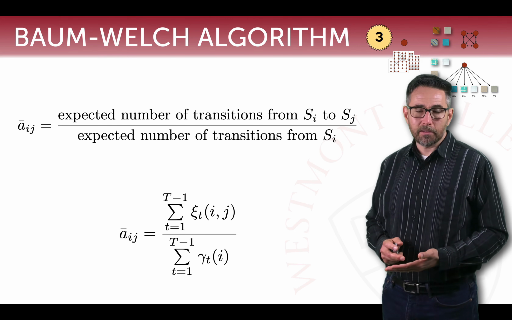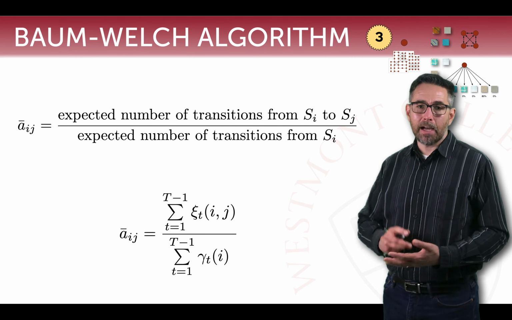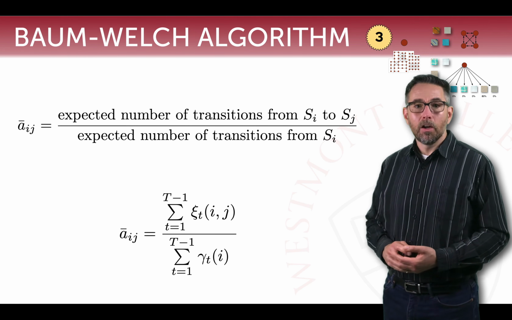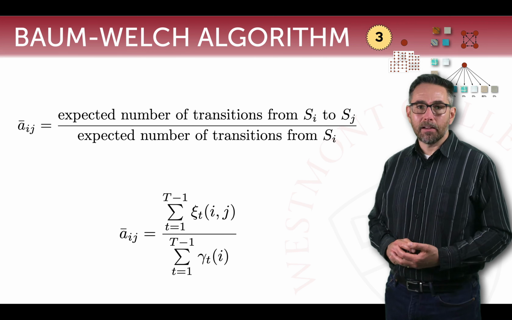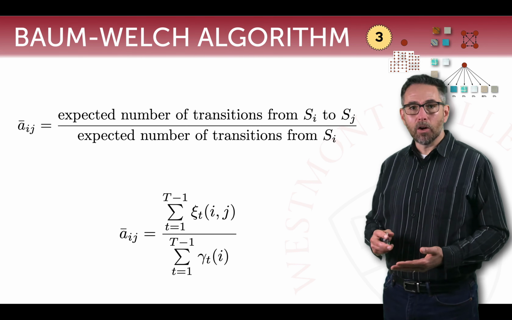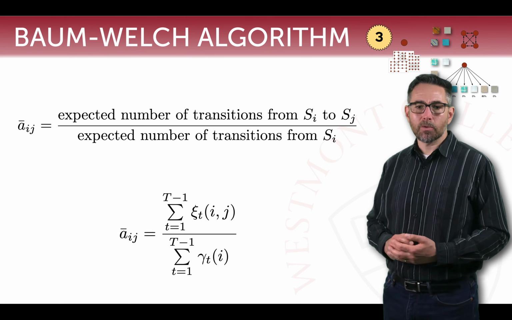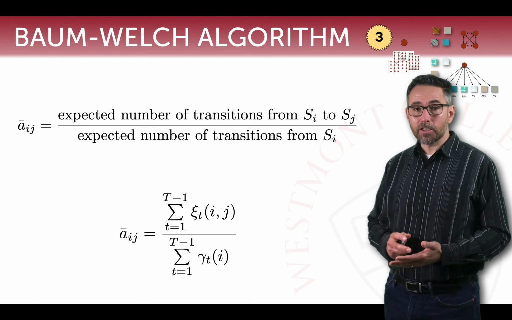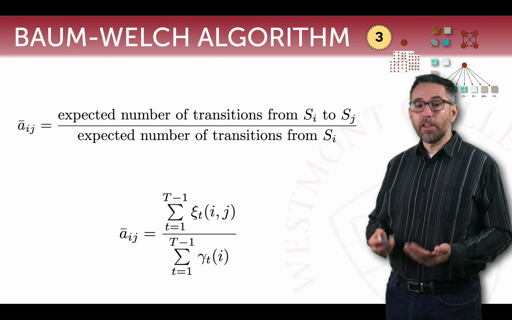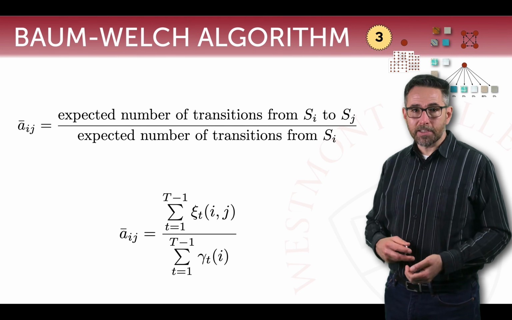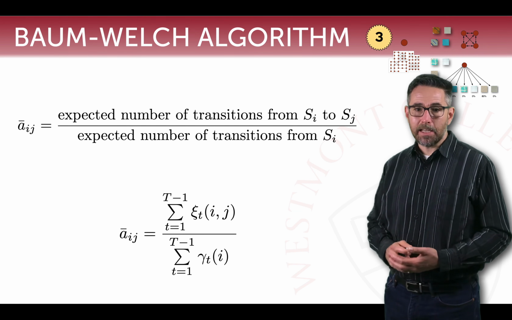What's the number of transitions from i to j, and how many times do we expect to be in i? We have the ability to calculate that. We can calculate that by summing over all time steps 1 to capital T minus 1 of xi t of i j, the transition from i to j, and then dividing that by the sum over the same range of times of gamma t of i.